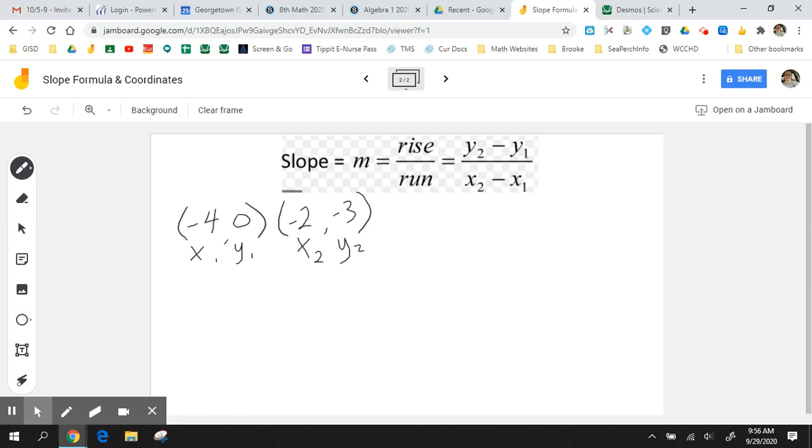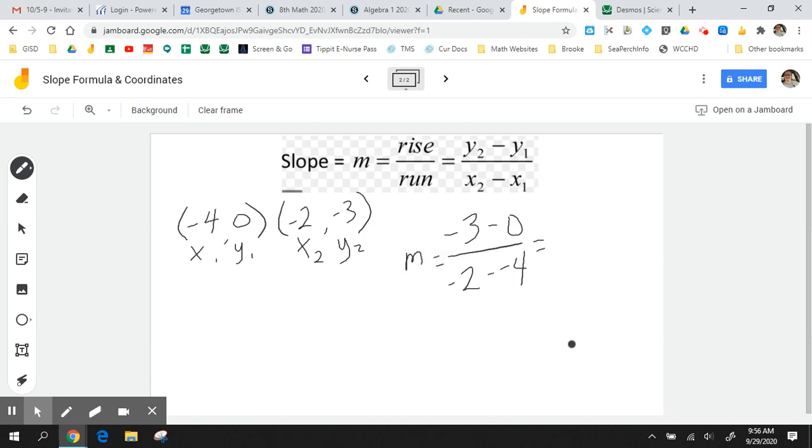It just helps you set it up correctly. So my y2 is -3 minus my y1 of 0, and I'm going to draw my fraction bar. x2 is -2 minus my x1, which is -4. And we're going to see what this equals for your slope.